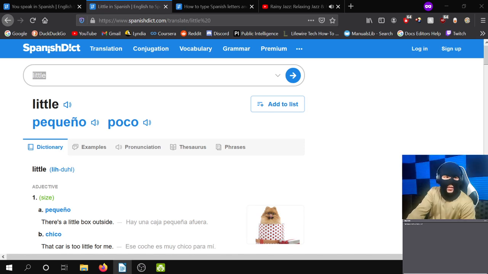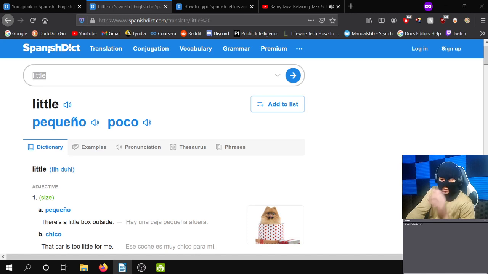So I speak little. So how they used it is hablo un poco español or English, which is inglés, or entiendo, which is understand. Understand is spelled ENTIENDO.